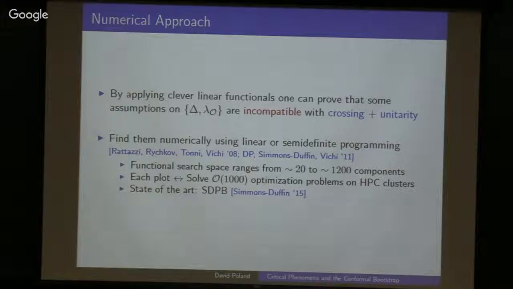Because we have to do this scan, or equivalently solve a convex optimization problem, for each point in our plot, each plot is going to come from solving something like order 1,000 optimization problems, one for each point. So to do this efficiently, we run these 1,000 optimization problems on a high-performance computing cluster so we can do them all simultaneously. OK, so now I want to show you a bunch of plots.